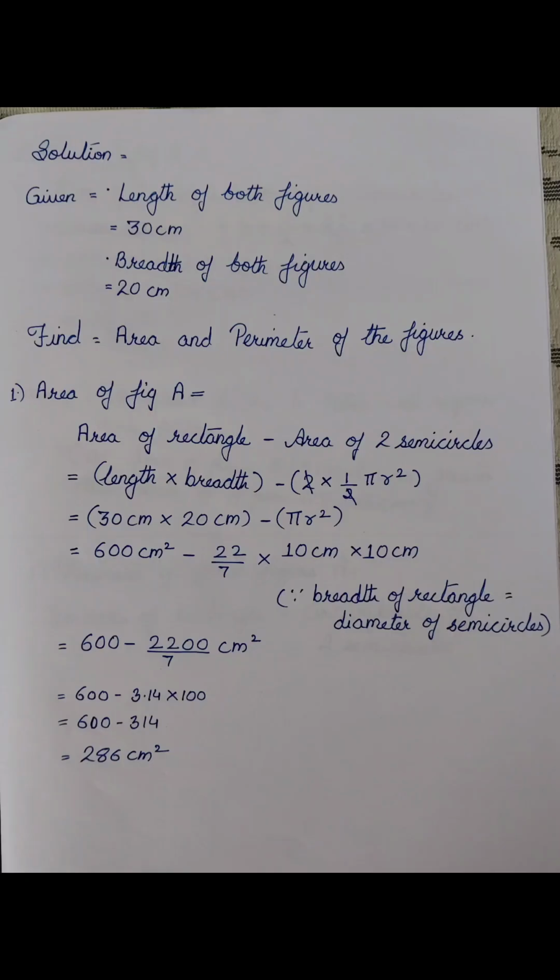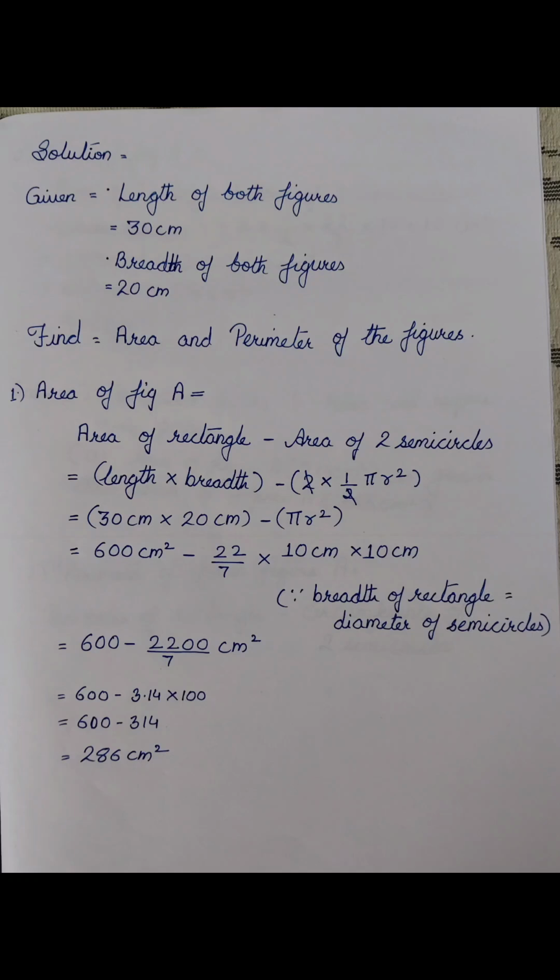Now, given is the length of both the figures is 30 centimeter and the breadth of both the figures is 20 centimeter. We are supposed to find the area and perimeter of the figures. Let's start with figure A. Area of figure A will be equal to the area of rectangle minus the area of two semicircles.